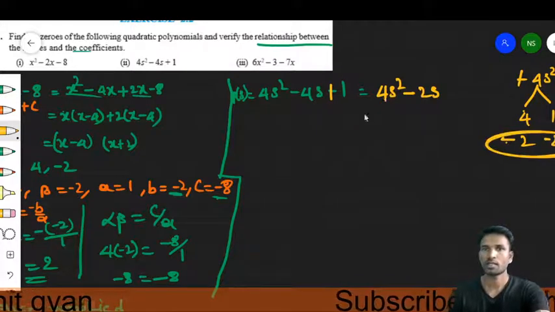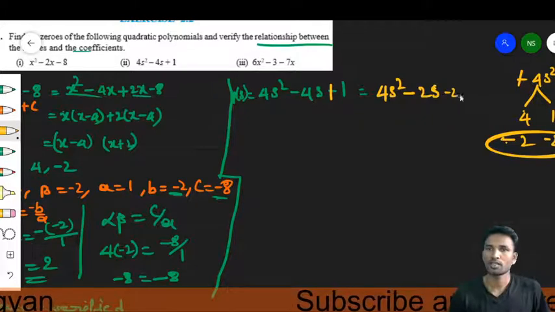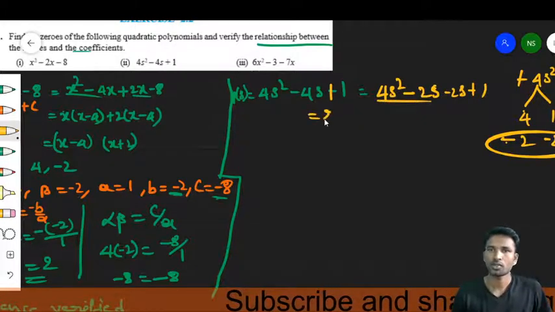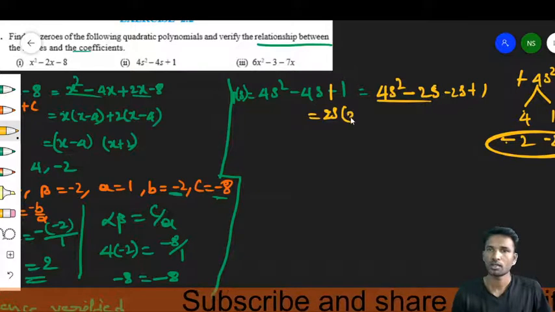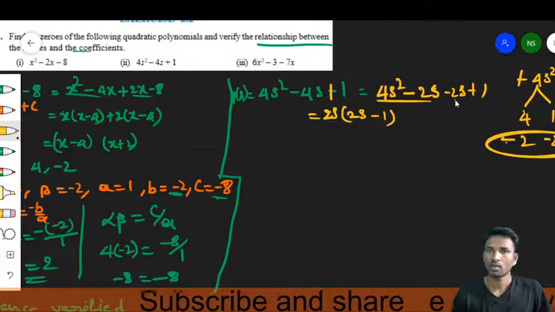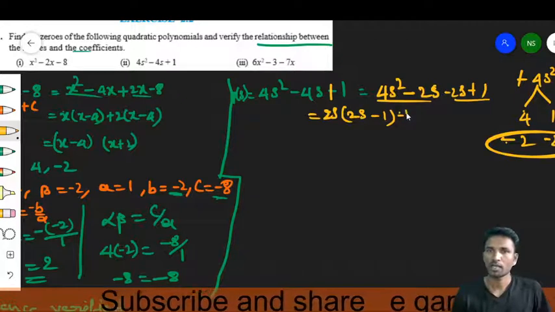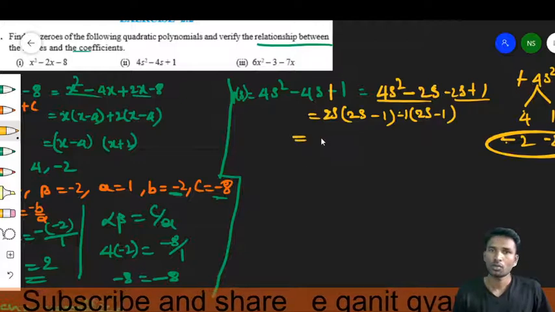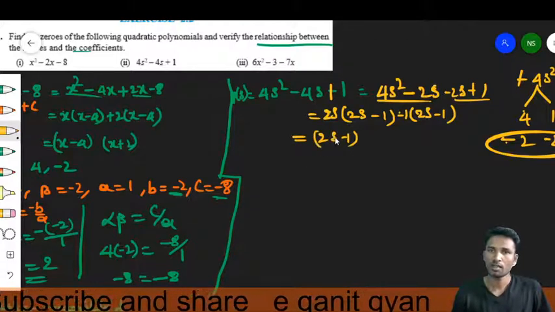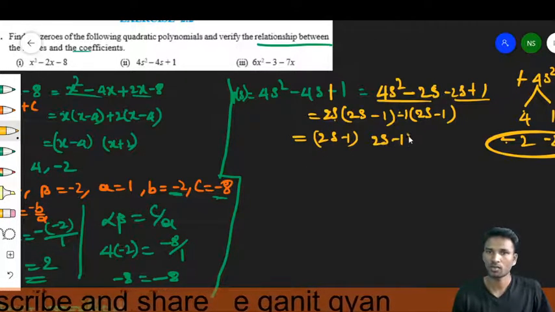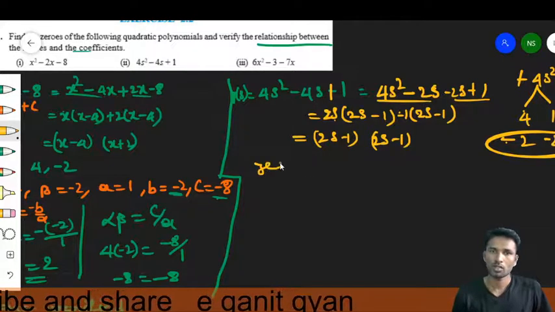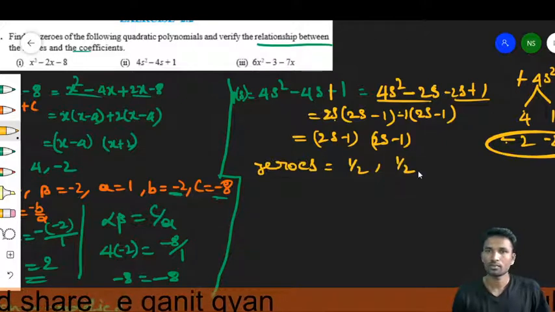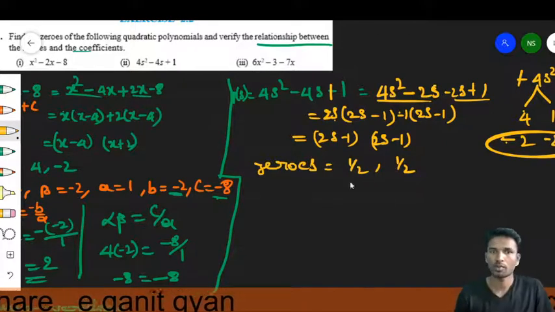So I can write 4s square minus 2s minus 2s plus 1. From the first two terms I can take out 2s common, so I am left with 2s minus 1. From the other two terms I can take out minus 1 common, so I am left with 2s minus 1. Now 2s minus 1 is common, and again I get 2s minus 1. So what are the zeros? 1 by 2 comma 1 by 2. I get two zeros, 1 by 2 and 1 by 2.